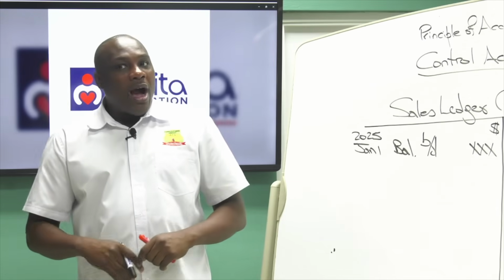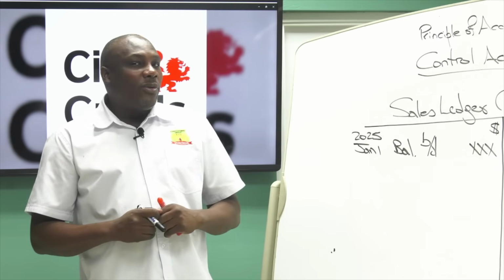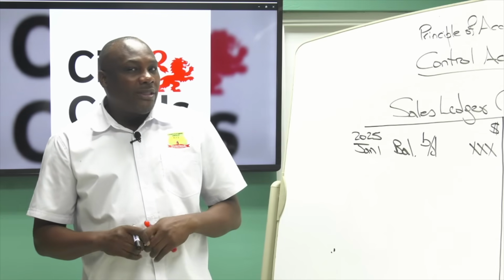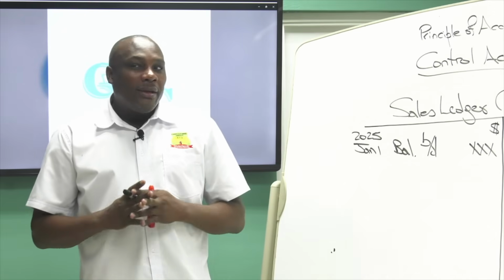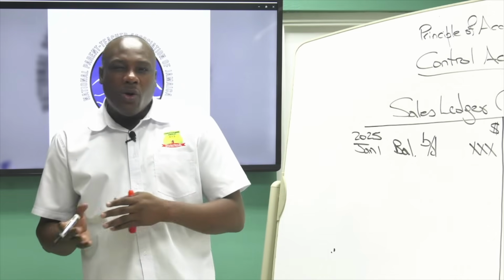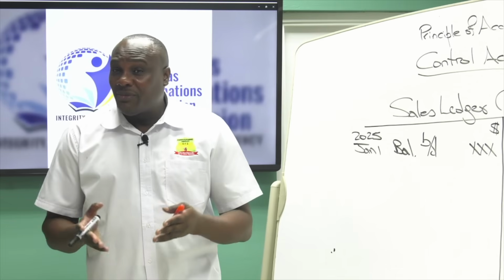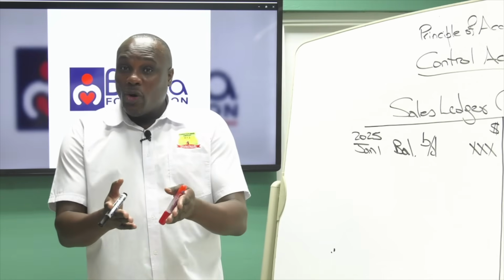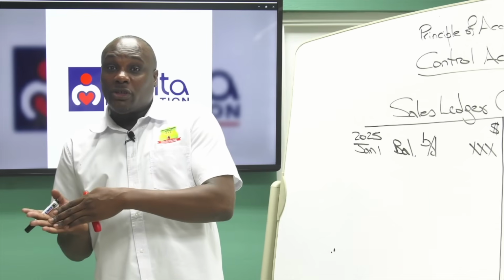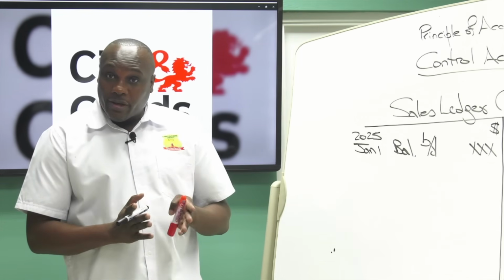Now, on a further date along the line, the customer realized that some of the goods that were actually delivered were damaged, or the goods were incorrect, or whatever the reason is why you may have to send back the goods, which we would know will be a return inwards, because the customer is now returning the goods into the business. That's called return inwards or sales return.